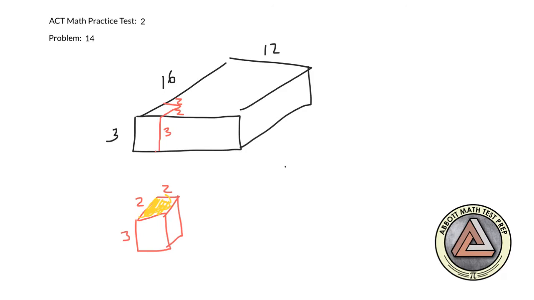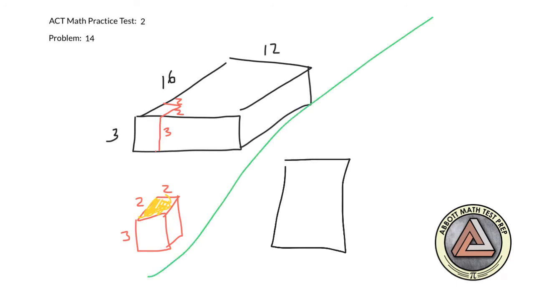Let's do an overhead shot of the rectangular cake. Do a little divider line here. Overhead shot where we have 16 by 12 right there. And we essentially want to know, how many of these 2 by 2 squares could we cut out of this whole thing?